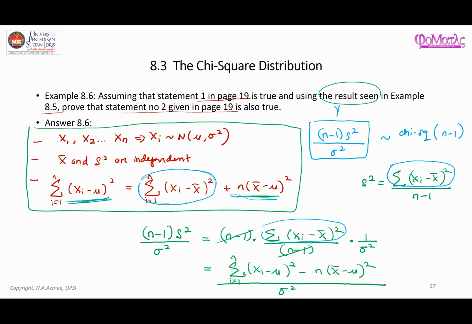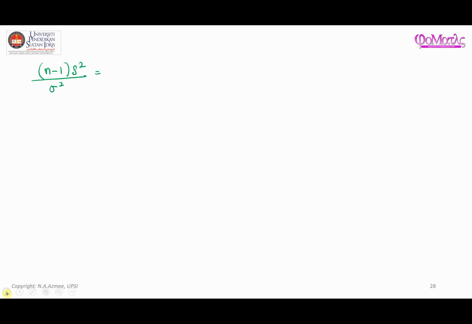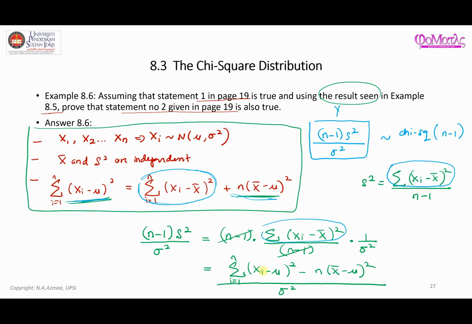Now what else can we do? Well, I can separate these two terms, so it will look like this. We will have (n minus 1) S squared over sigma squared equal to this guy minus this guy, with sigma squared at the bottom.